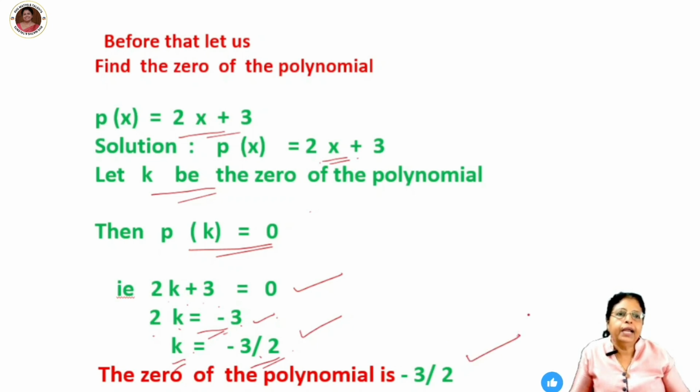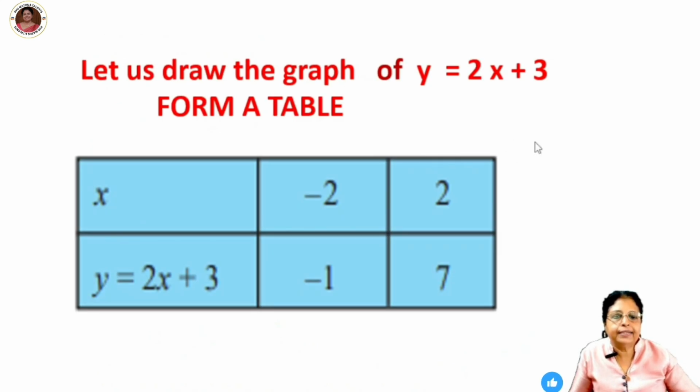Now let us draw the graph of this polynomial. For that, we are drawing a table like this. Here, we want to plot some points on the graph paper and we want to get the graph. So we are substituting values of x here. We are substituting x equal to minus 2 here.